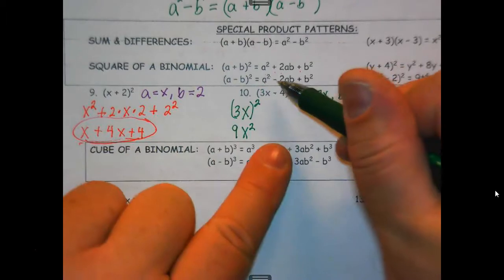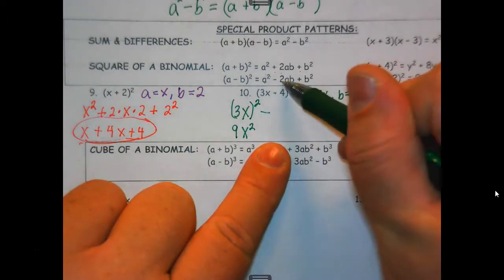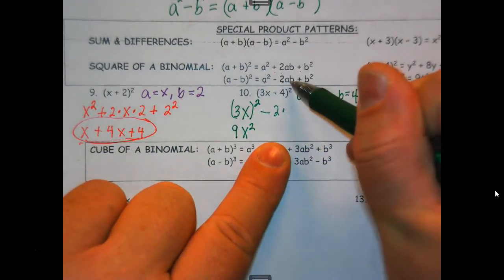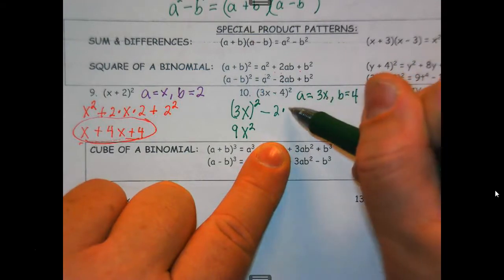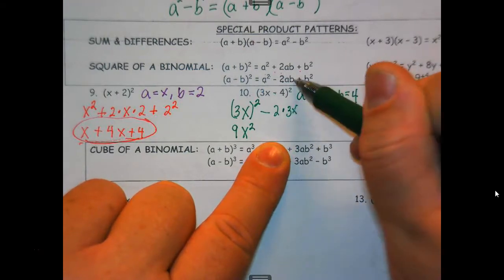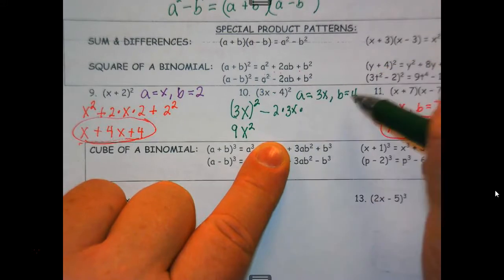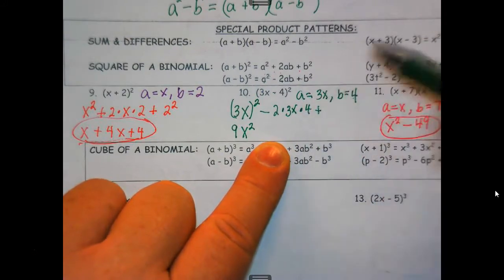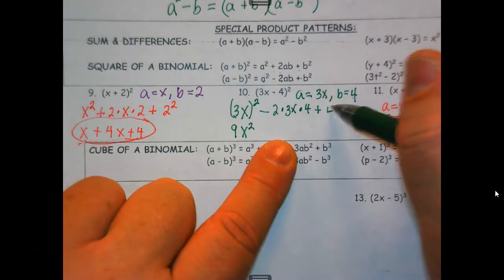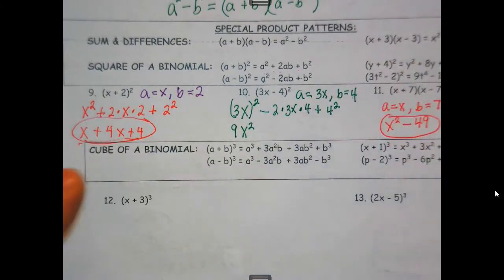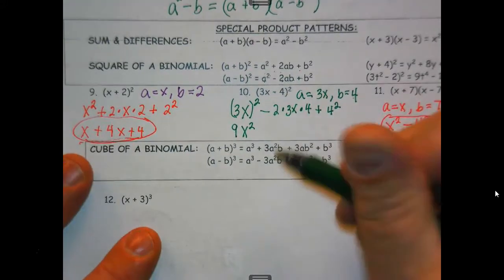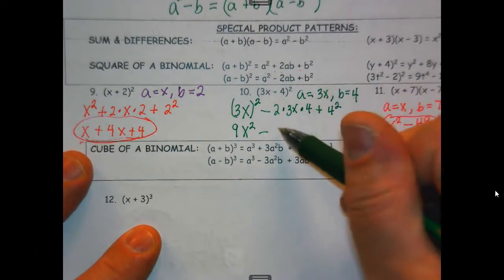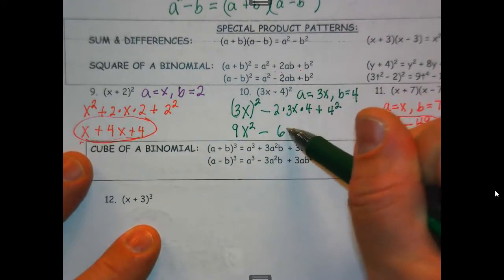All right, minus 2 times A, which is 3x, times B, which is 4, plus B, which is 4 squared. Six x.